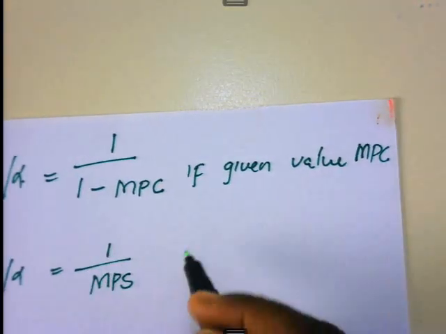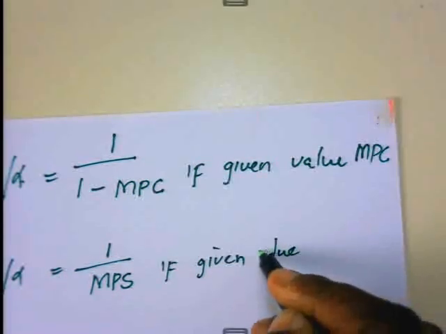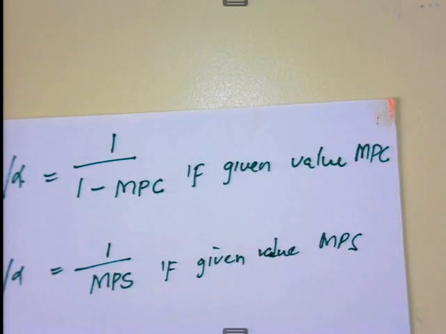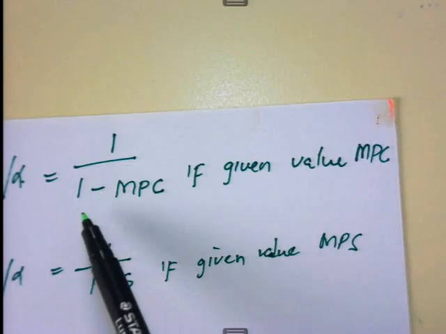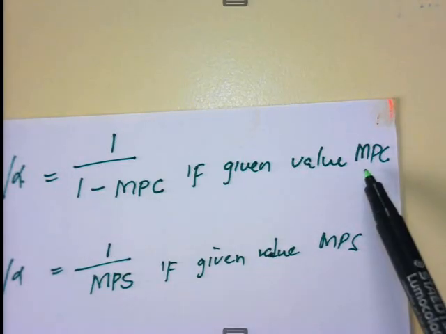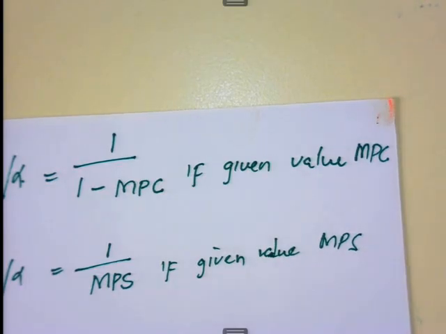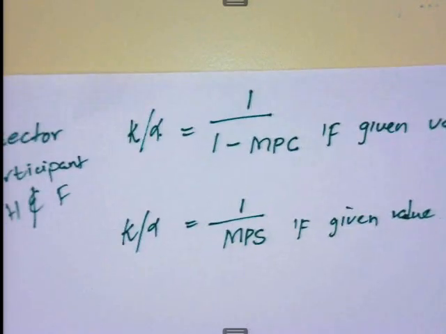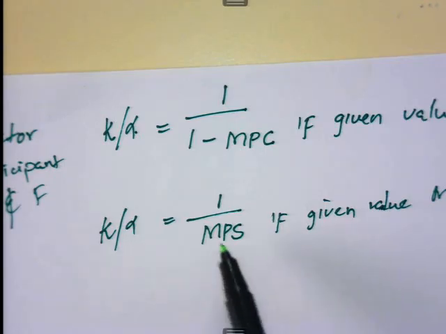If you are given the value of MPS, you use the formula 1 over MPS. So you must make sure that you know both formulas. When you have the value of MPC, you use K equals 1 divided by 1 minus MPC, because we are going to substitute the value of MPC. But if the examiner gave you the value of marginal propensity to save, you use the formula K or alpha equals 1 divided by MPS, because you are going to substitute the value of MPS.